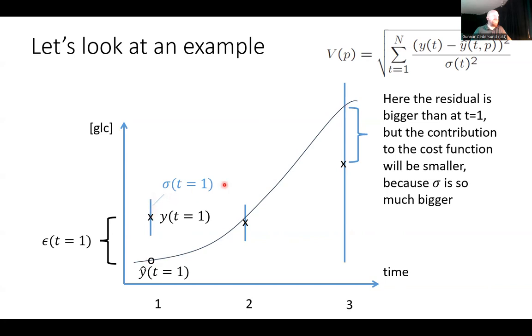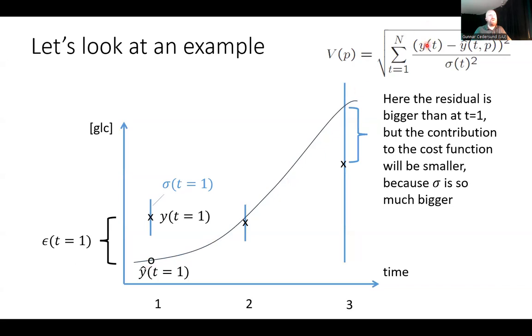But since we divide by sigma, it's not the absolute distance that matters in the cost function. It's the distance in relation to the sigma. So here we see that the simulated data point is 2 sigmas away from the measured data point. So the measured and simulated are around 2 sigmas away from each other.